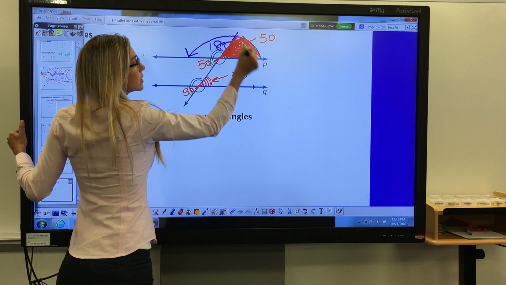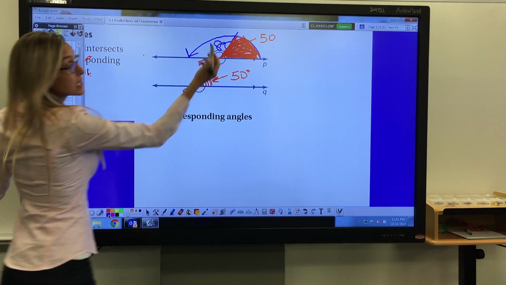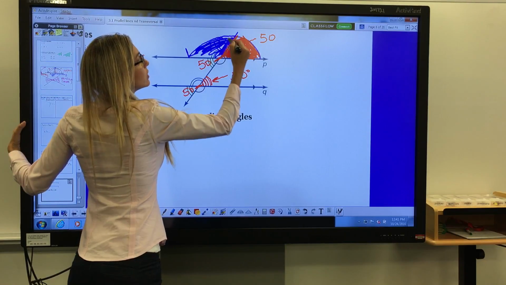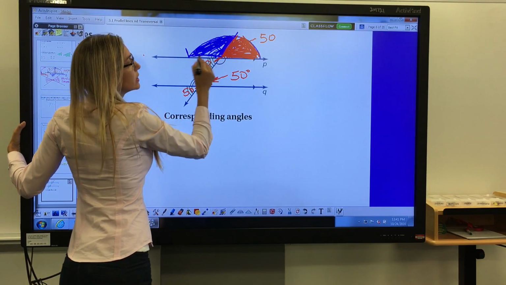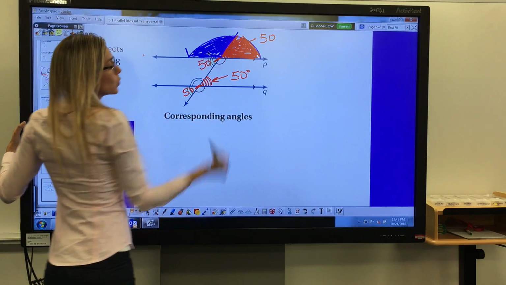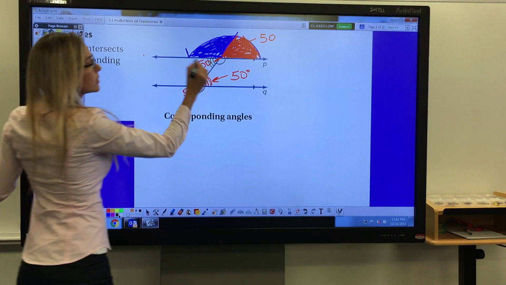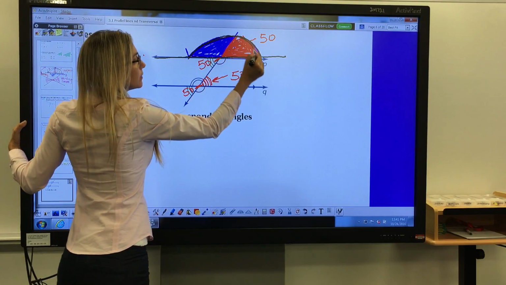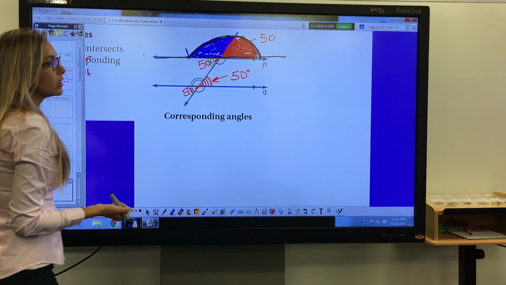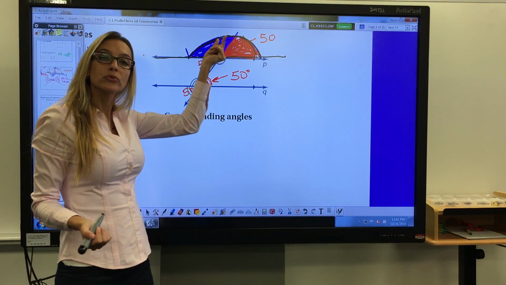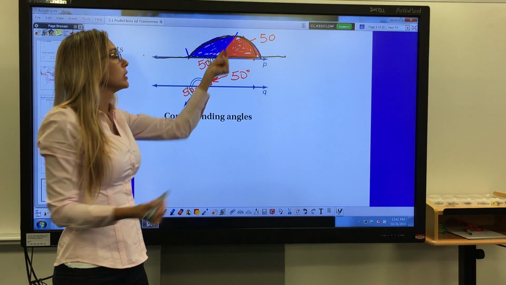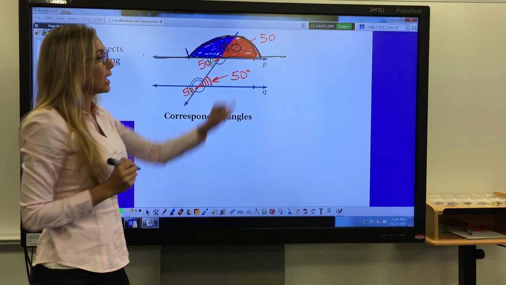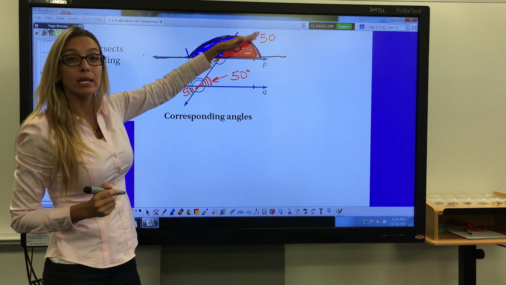What is that part in here, let's say the blue angle? So we already know, as we've talked about it, a straight line is 180 degrees. From here to there, that's 180. I know that the sum of those two angles will give me a total of 180. I know 50 of the 180.